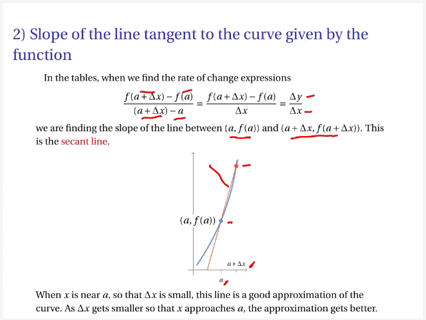If I slide delta x to be smaller, as I did in the tables, then that secant line is approaching a tangent line.